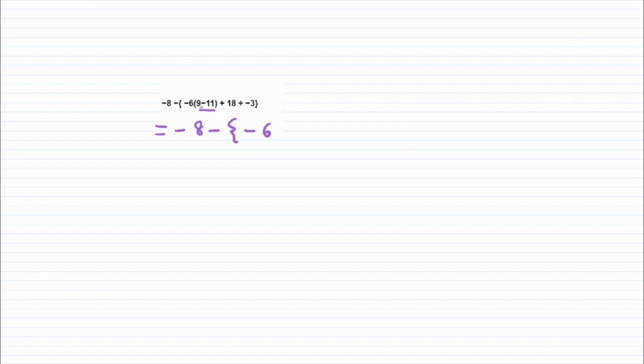We will finish this operation first. So 9 minus 11 giving me a value negative 2. So this becomes negative 2, and as there is no sign before the parenthesis, so it is going to be multiplication, then the remaining part will be as it is.